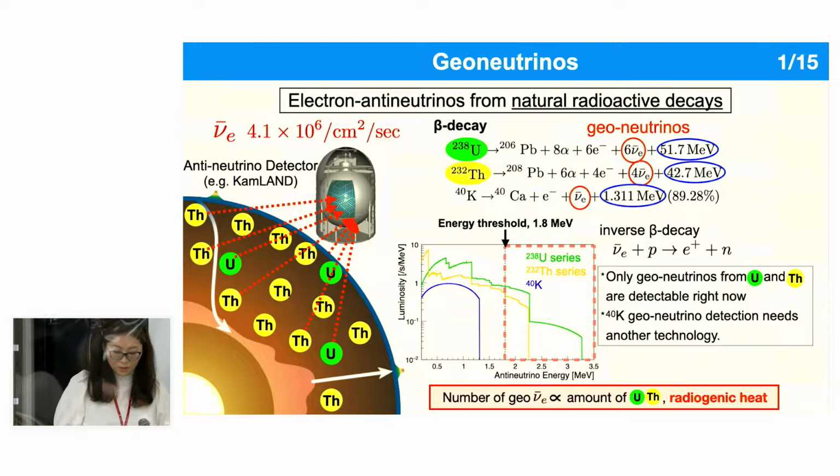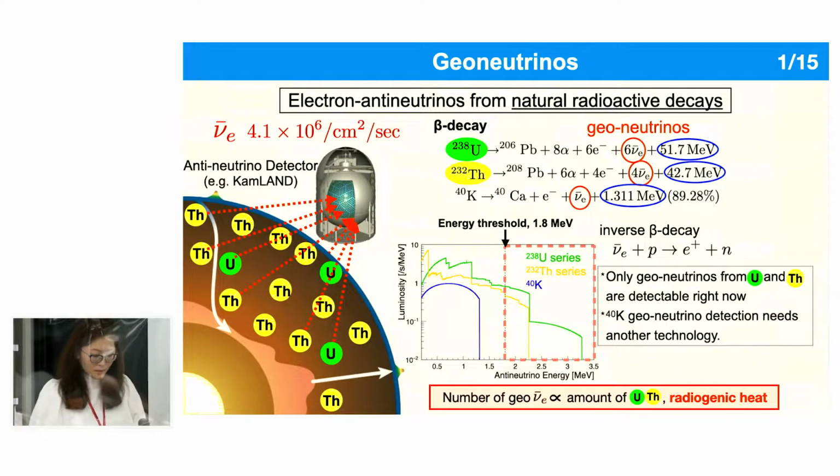Geoneutrinos are electron antineutrinos from natural radioactive decays. As you know, there are a lot of radiogenic materials in the Earth, like uranium, thorium, and potassium.